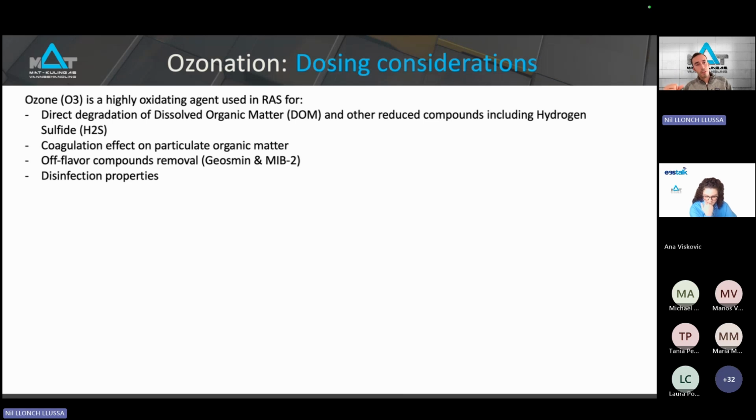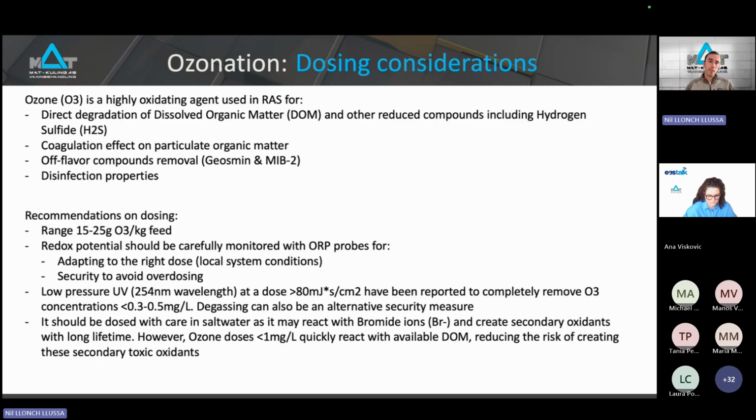And as I mentioned before, it has a coagulation effect, so it can help coagulate particles, make bigger particles that are easily removable from the system. It directly oxidates flavor compounds, so it removes geosmin and MIB, and it also presents disinfection properties.